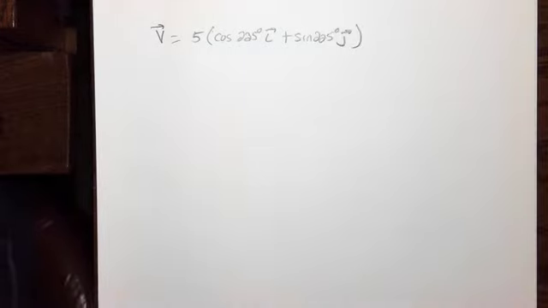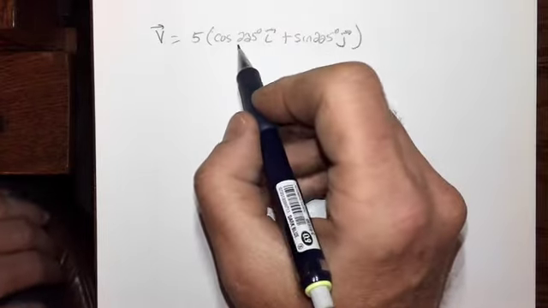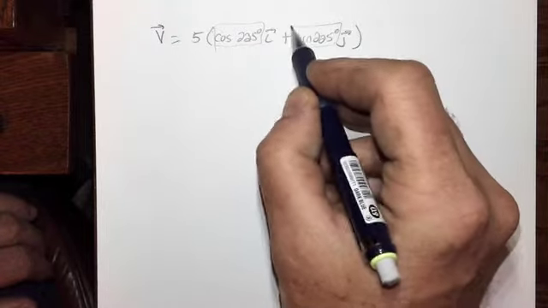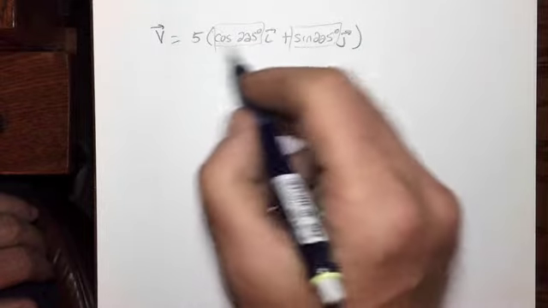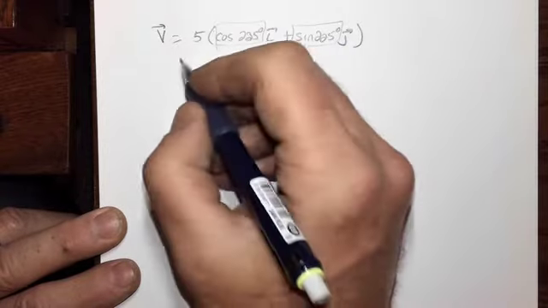What we want to do is find the magnitude and direction of that. Well, we already know these values from our unit circle, but I'm going to multiply this out so that it's in ij form.